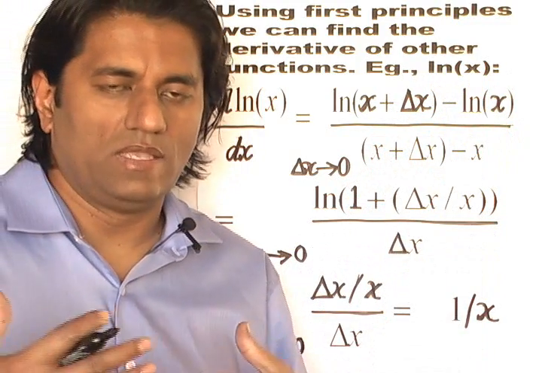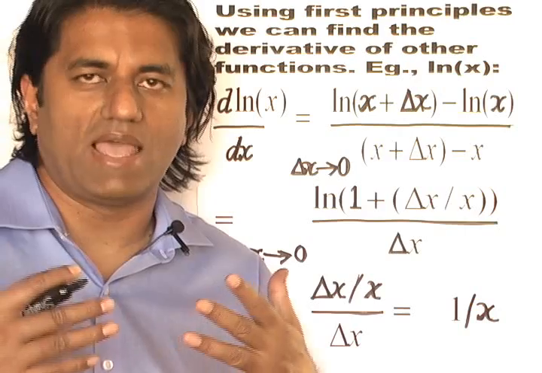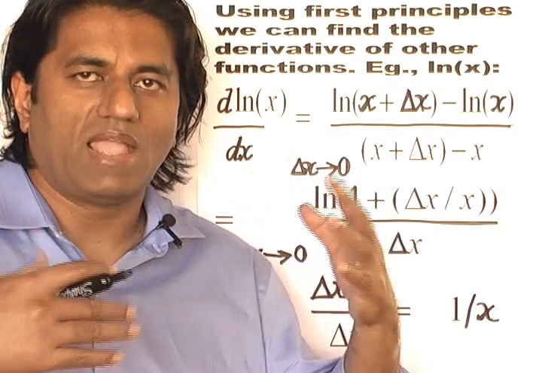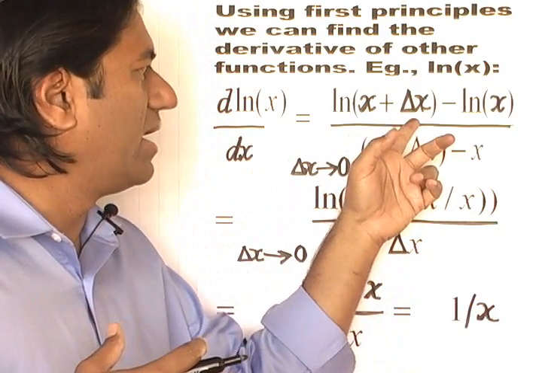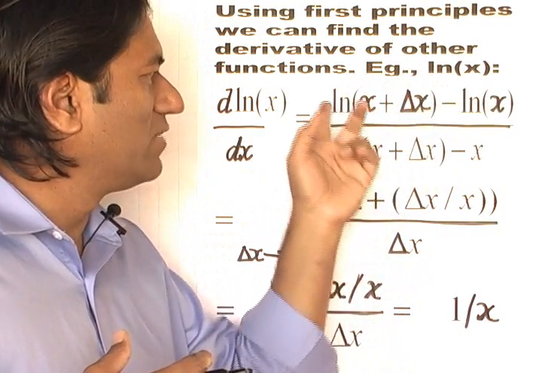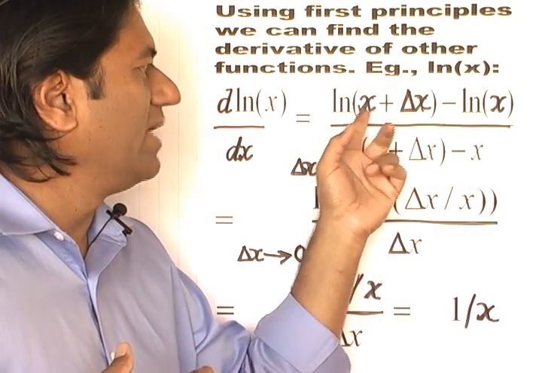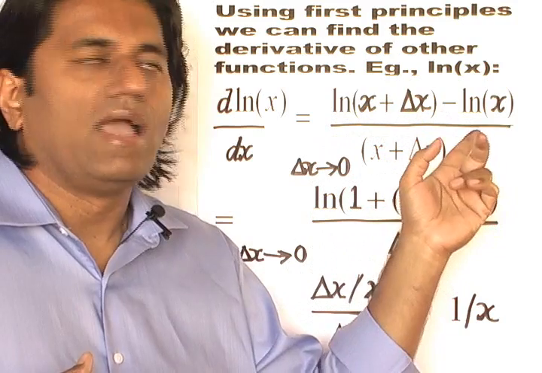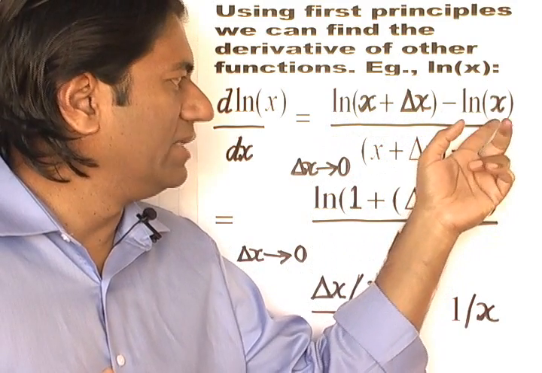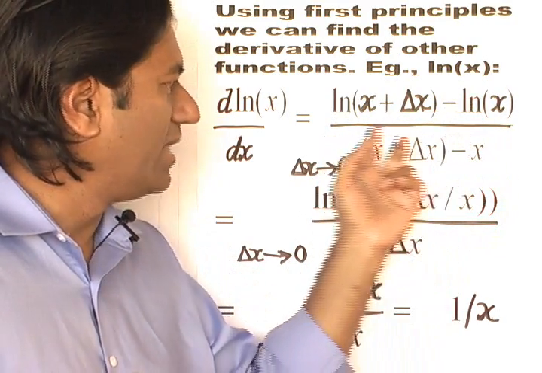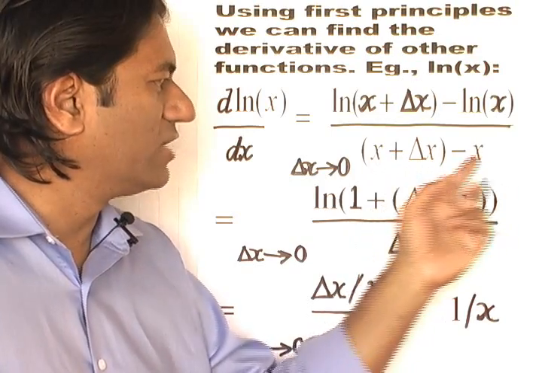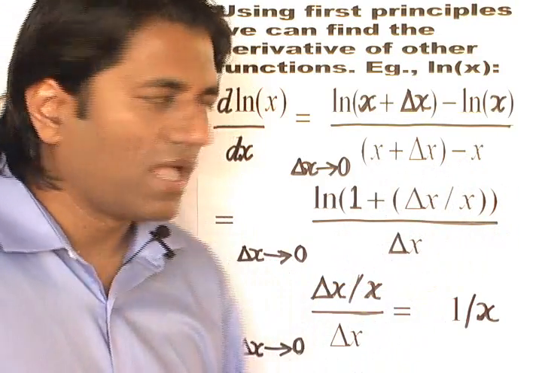So again, what you say is that x changes from x plus delta x. So this is the final value of the function, ln of x plus delta x. The initial value was ln x, so you subtract that, and that you divide by the change in x.